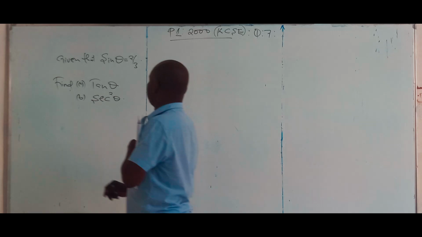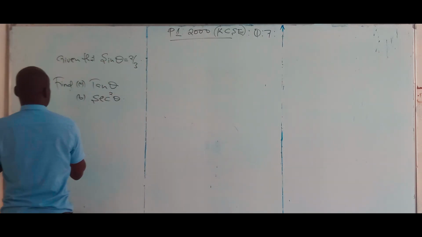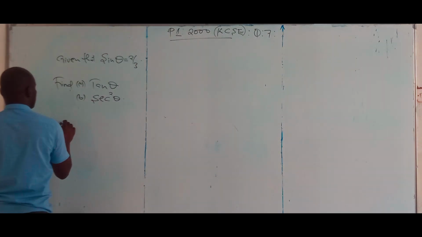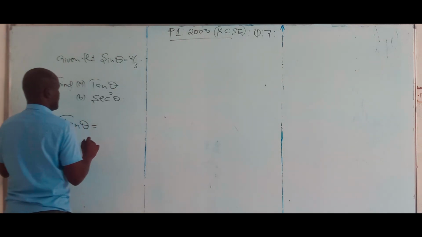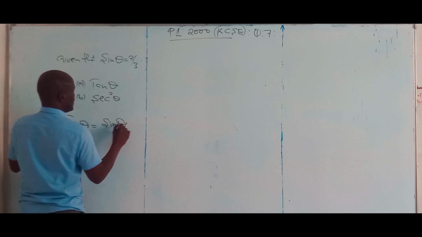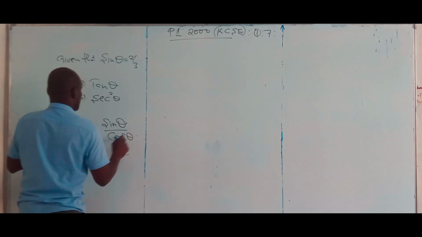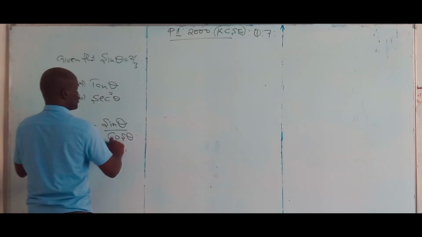So first, if we are given sine theta and part A requires us to get tan theta, we should remember that tan theta is equal to sin theta over cos theta. It means that to get tan theta, we first have to figure out cos theta.